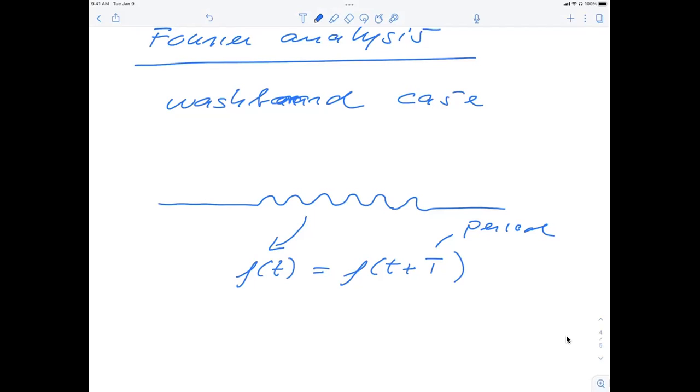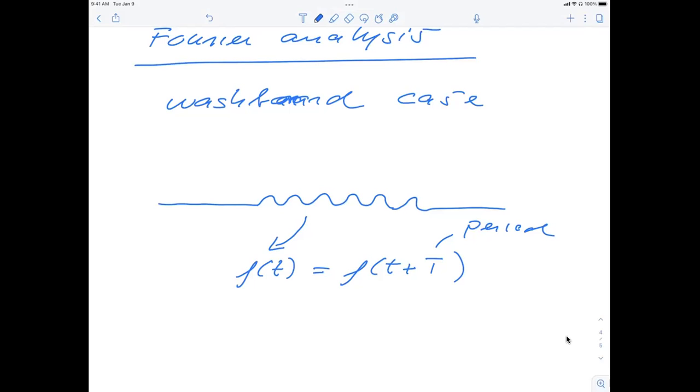There are lots of nice trigonometric relations which we can use. So what comes now is actually Fourier's theorem. So Fourier's theorem says that you can expand any periodic function in terms of a cosine and sine series. That's an extremely powerful theorem.